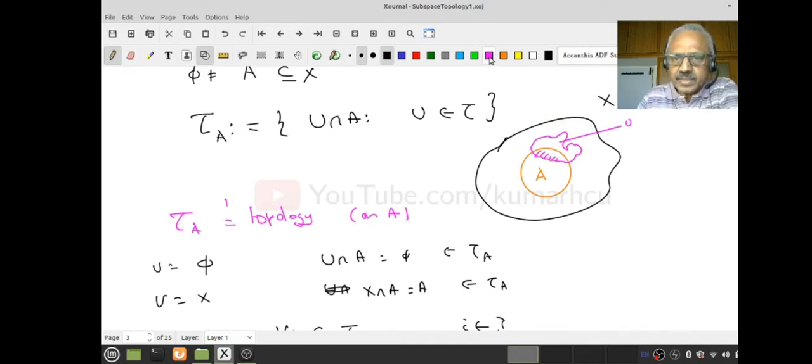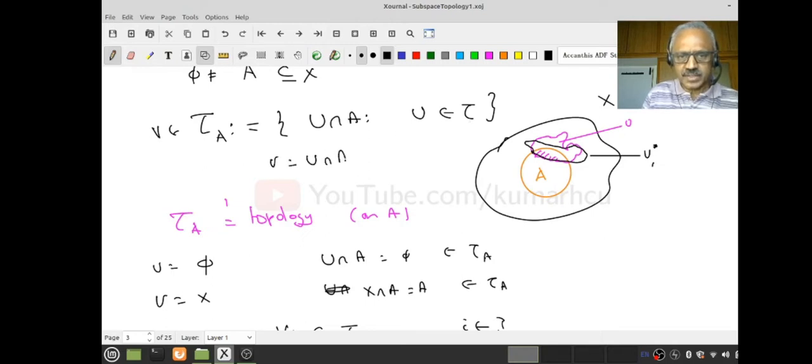For example, here this may be like this, the same thing. This may be also another U dash, or U_1. So U_1 intersection A will be the same as U intersection A. You understand that? So this U may not be unique. If I say V belongs to tau_A, that means there exists some U in tau so that V is of the form U intersection A. This U need not be unique.